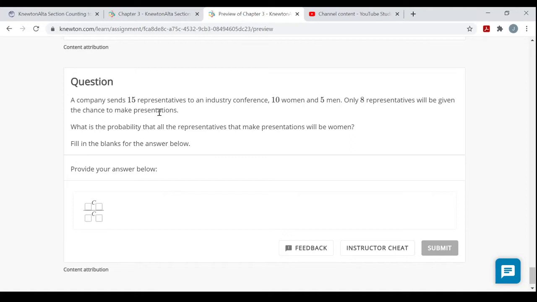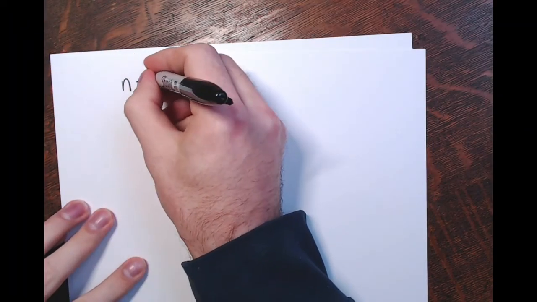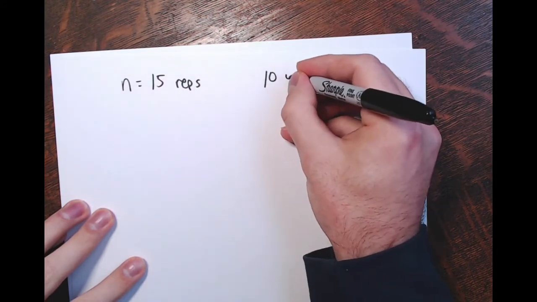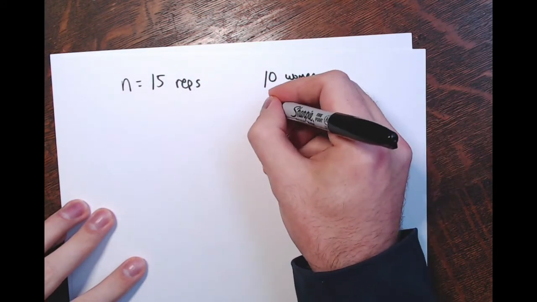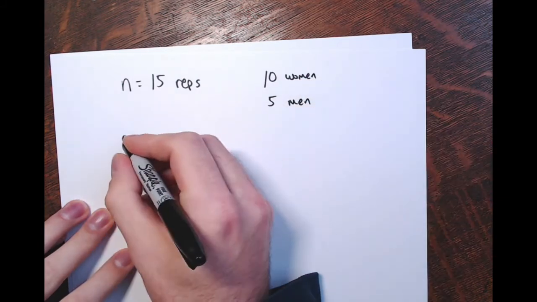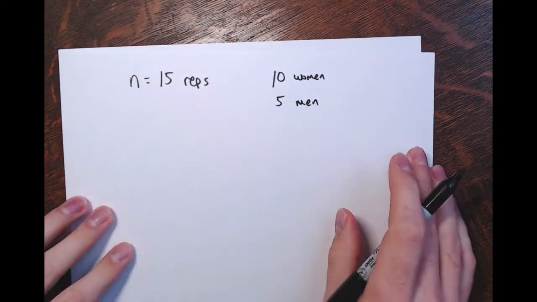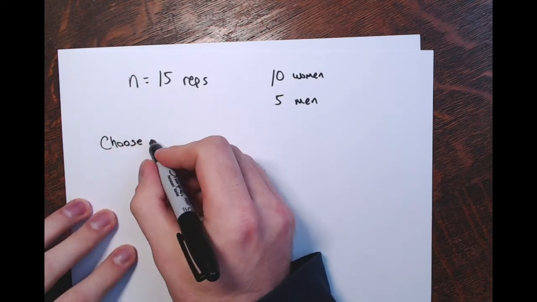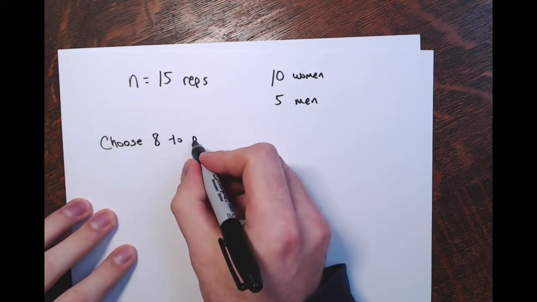So again, I'll go to a piece of paper and write some of this information out. My N here is 15. There are 15 representatives. It said 10 were women, 5 were men, and we're choosing 8 of these people to present.